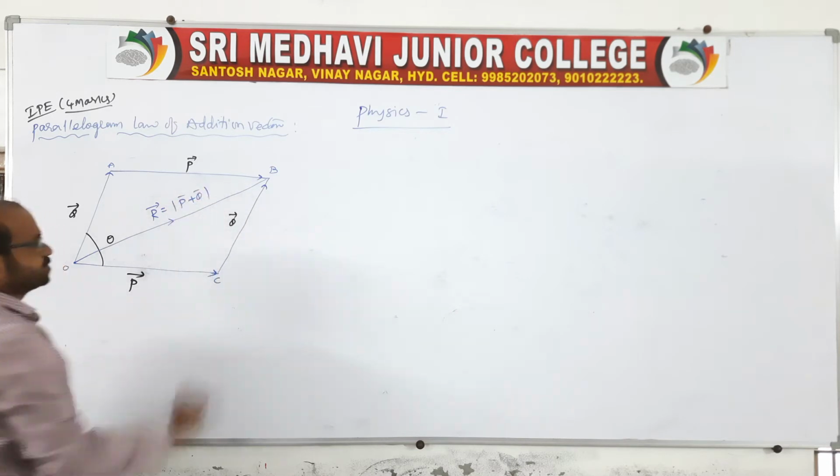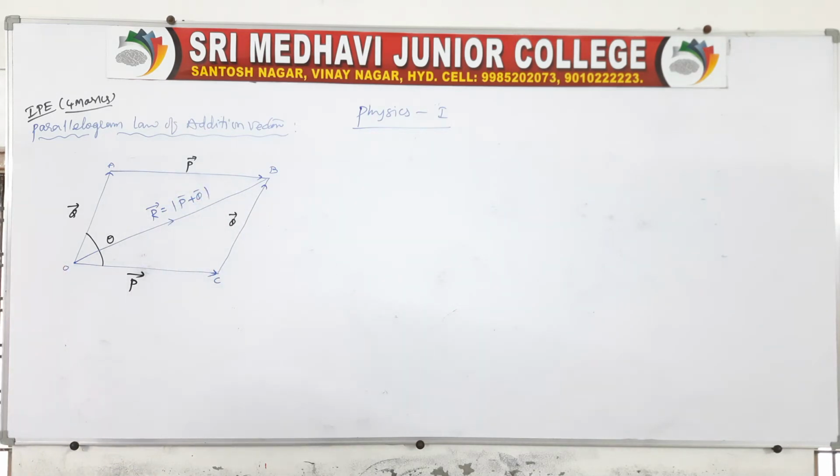Suppose you add the magnitudes of 2 vectors. Sir, what do we have to find using this parallelogram? Before that, I'll tell you the statement.